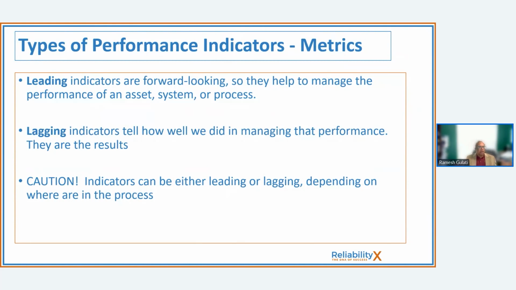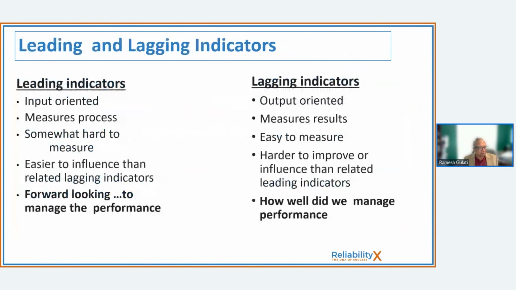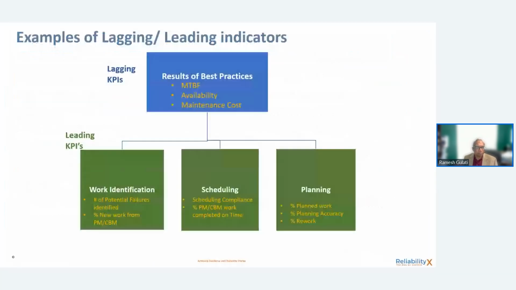Leading indicators are input-oriented, measure the process, and are somewhat hard to measure. They are forward-looking to manage the performance. Lagging indicators are output-oriented, measure the results: how well did we manage performance? They're easy to measure. These are some examples. Lagging indicators like mean time between failures, availability, maintenance costs. These are results of best practices.